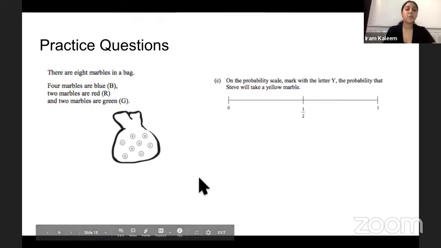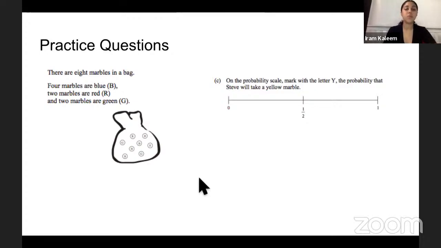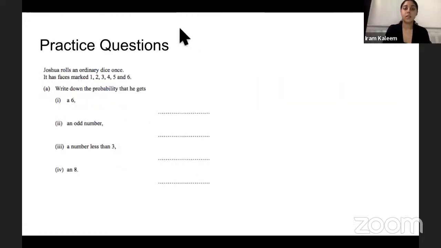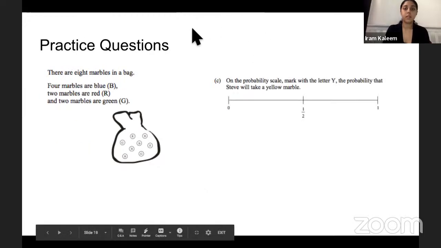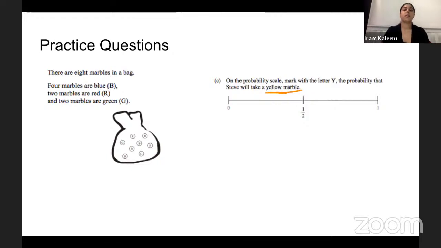And finally, can you work out the probability that Steve picks a yellow marble? And think about where it will go on the scale. So in this case, there are no yellow marbles available.